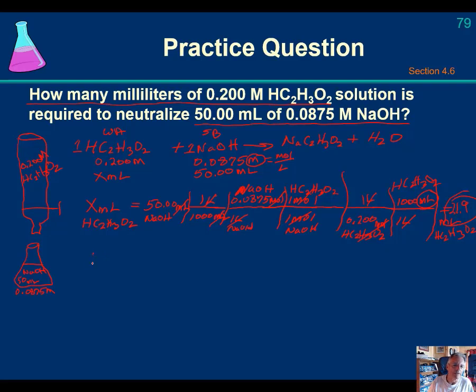Now, there is another way to do a titration problem, and I want you to take a look at this. Let's take a look at HC2H3O2. And over here, I'm going to give you sodium hydroxide. Now, if I were to ask you whether acetic acid is monoprotic, diprotic, or triprotic, you would look at that leading hydrogen.